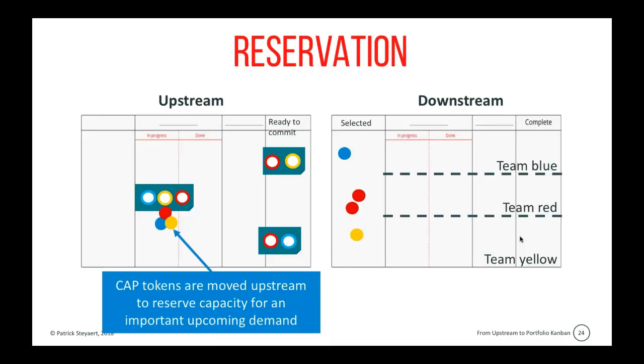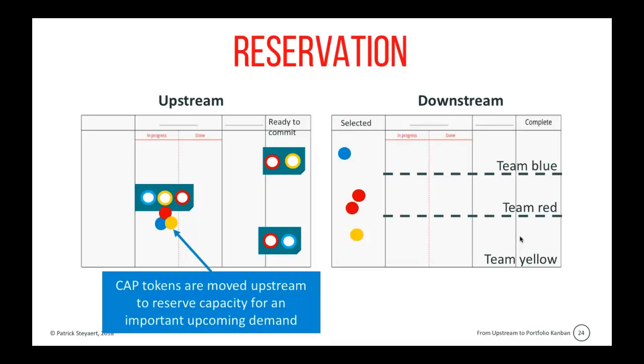So we can actually reserve capacity by moving cap tokens upstream. If we know that there's an important upcoming demand, we want to make sure that once the demand is ready to be committed, it can quickly start and we don't have to wait until capacity frees up. So we move the cap tokens upstream to reserve the capacity.